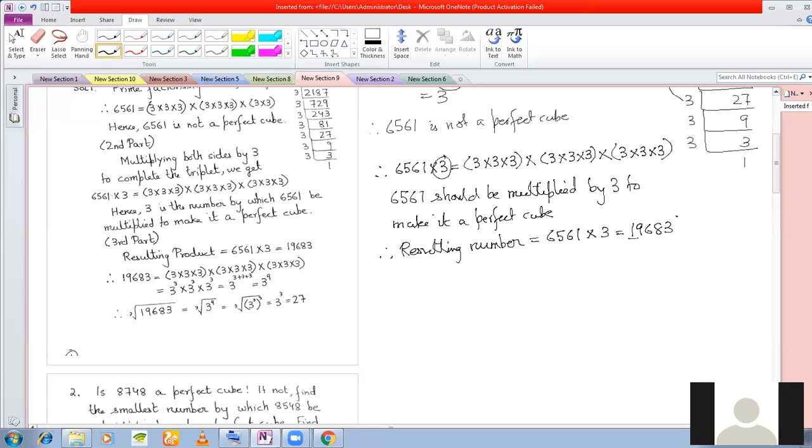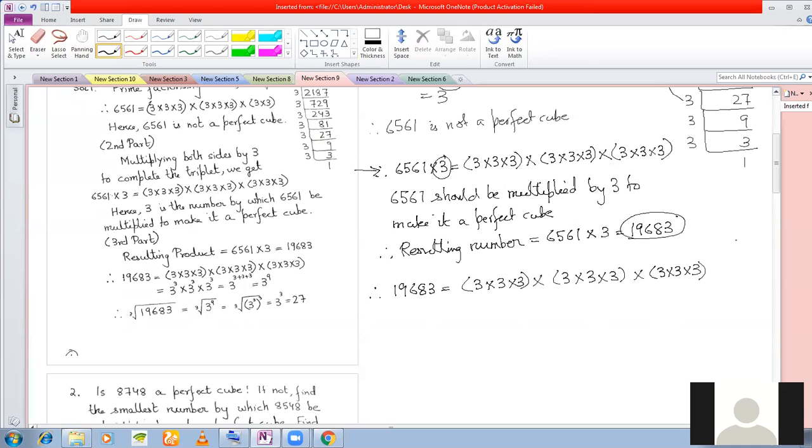So 19683 is a perfect cube. Therefore, what can you write from this step? 19683 is equal to 3 into 3, and this triplet and this triplet.